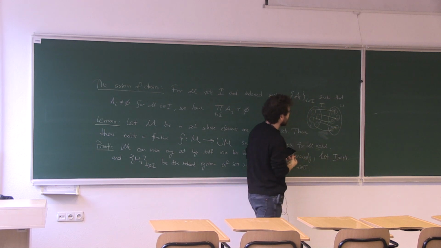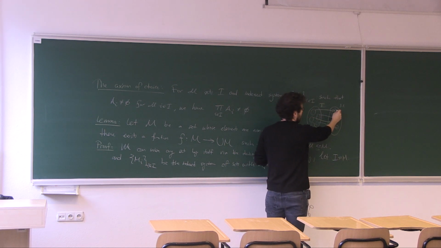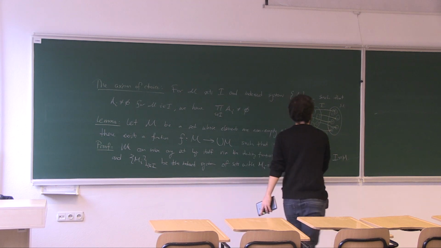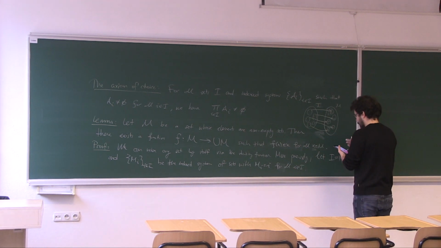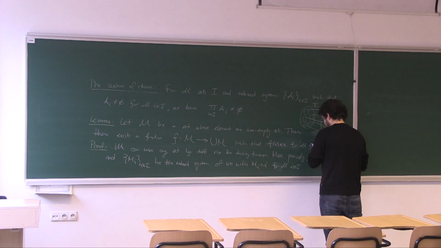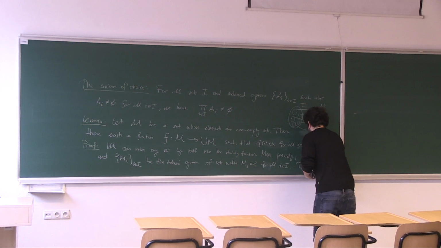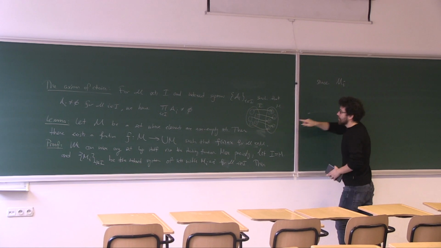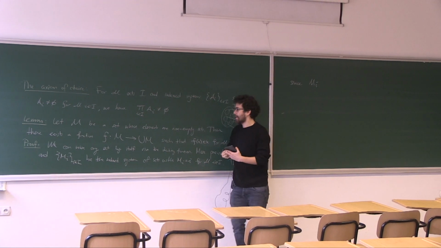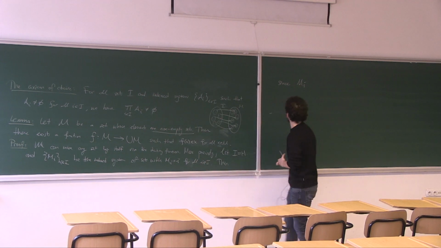I'm looking at the identity function. Everything is mapped to itself. So this creates an index system of sets. And I want to apply the axiom of choice. Each of these is non-empty by the assumption over here.